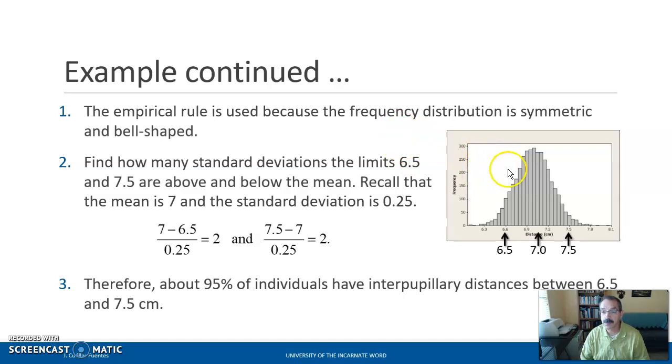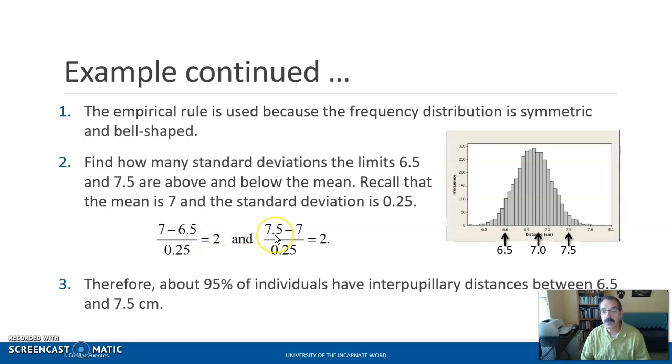All right, to do that, well, number one, what is the shape of the histogram? Well, we can see that it's symmetric and bell-shaped. So in this case, we're going to apply the empirical rule. The next step is we need to find out how many standard deviations there are between 6.5, the lower limit that we're interested in, and the mean, and the upper limit of the interval that we're interested in. So here we find that 7 minus 6.5 divided by the standard deviation, which is 0.25, and 7 is the mean, of course, that the distance is equivalent to 2 standard deviations.